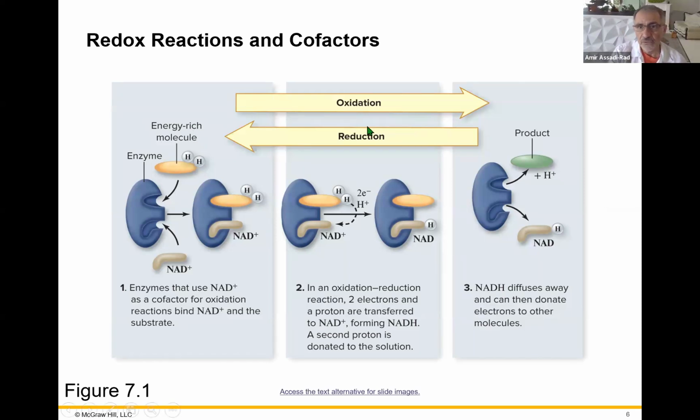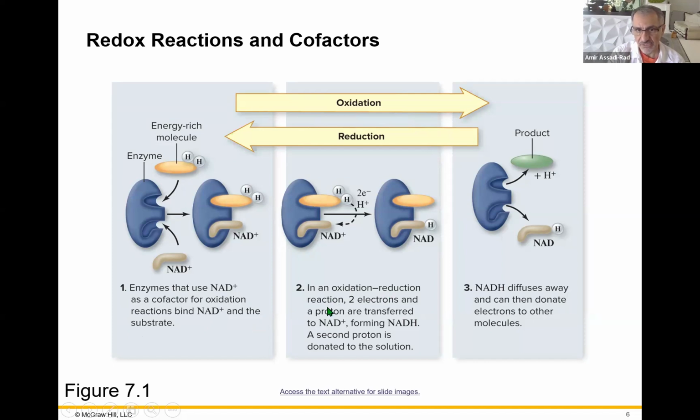What is he talking about here now? Oxidation when the molecules go this way, reduction when the molecules go this way. When a high energy molecule like glucose sits here, it converts NAD to NADH. Enzymes that use NAD as a cofactor for oxidation reactions bind to NAD and the substrate.